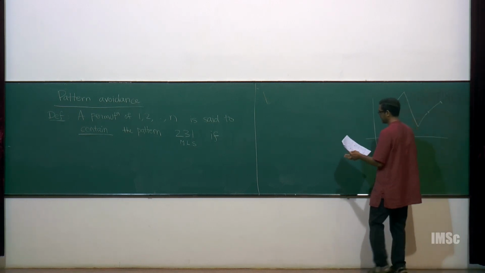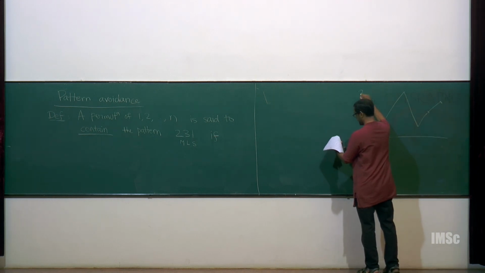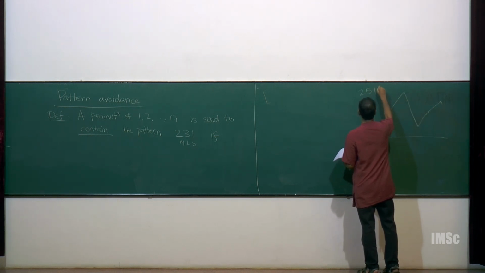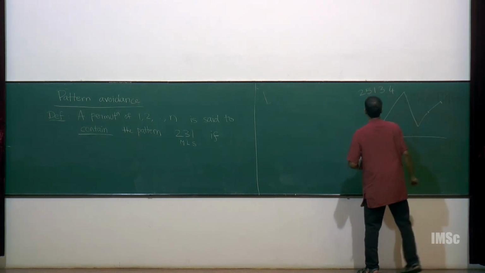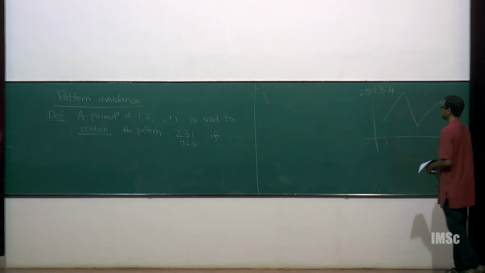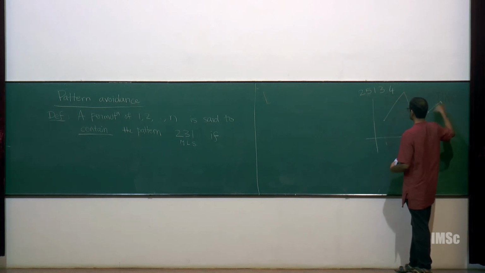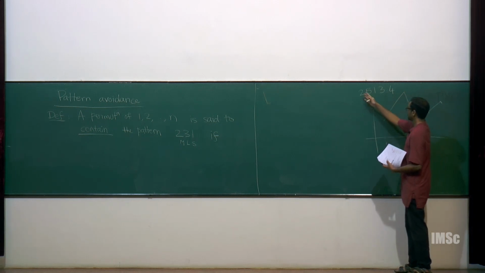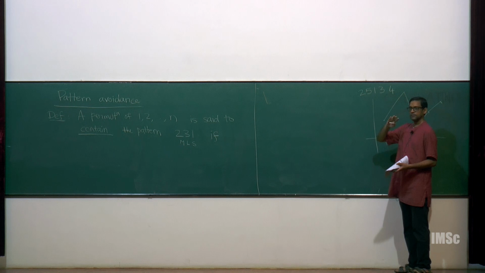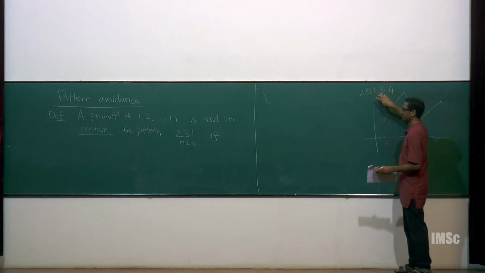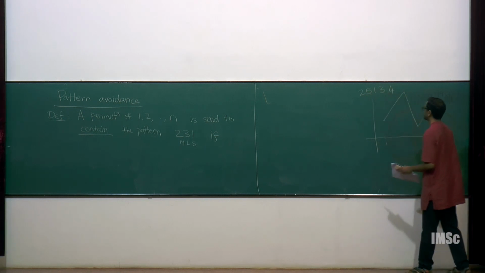So what is this permutation? 2, 5, 1, 3, 4. Okay, I'll complete my definition in a minute, but let's just look at this example. So I'll take the permutation 2, 5, 1, 3, 4, whose graph I drew. I want to know when I scan it from left to right, not necessarily consecutively, can I find three numbers such that medium, large, and small occur in that sequence?